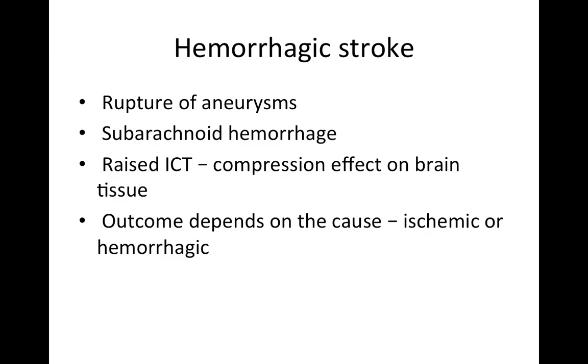It results secondary to the rupture of the aneurysms or trauma, resulting in the severe subarachnoid hemorrhage with raised intracranial tension and resulting in the compression effect on the brain tissue and manifesting as the clinical syndrome with the features of the dysfunction of that part of the brain. Well, outcome depends on the cause, that is ischemia or hemorrhage.